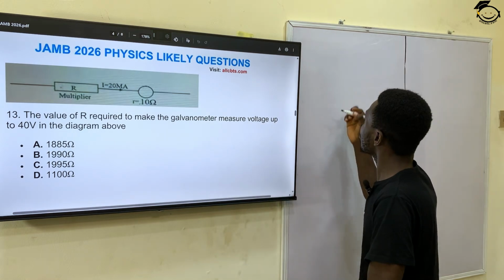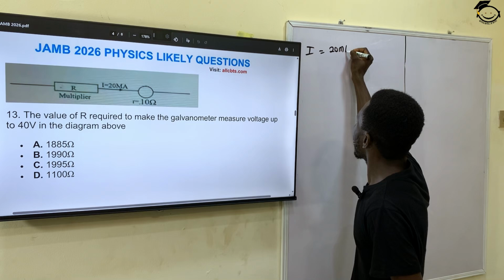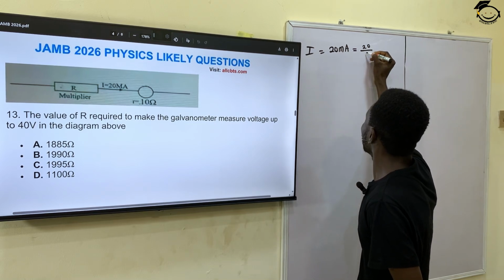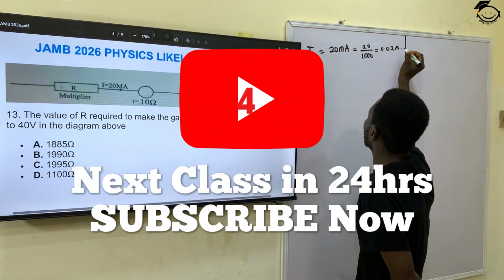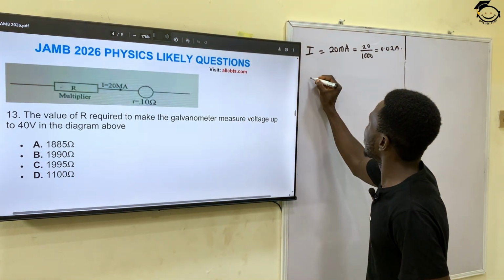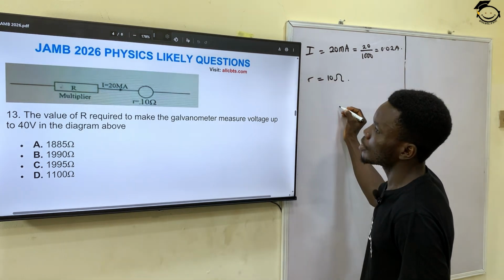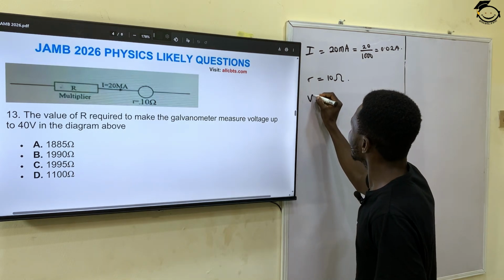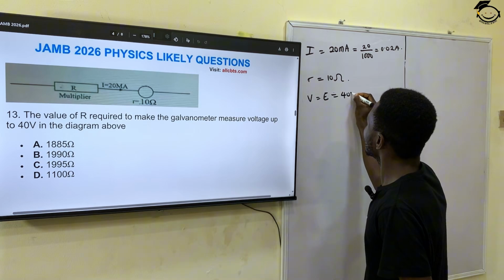So what do we do? In the question, we are given the current as 20 milliampere. So we are going to convert this, and this will give me 20 divided by 1,000, which will give me 0.02 ampere. We're also given the internal resistance in the question as 10 ohms. And we're told that the galvanometer is meant to measure a total voltage or a total EMF of 40 volts.